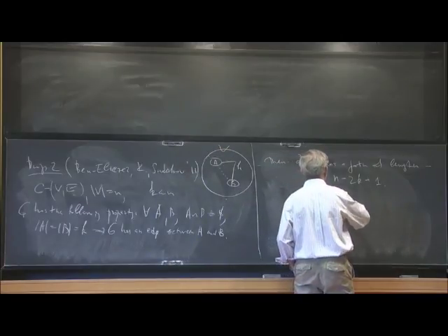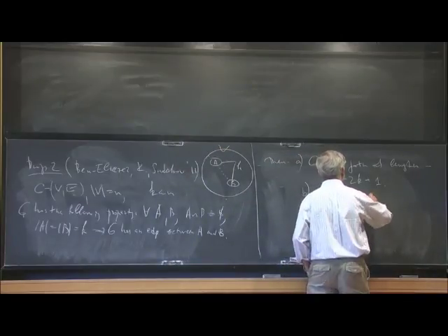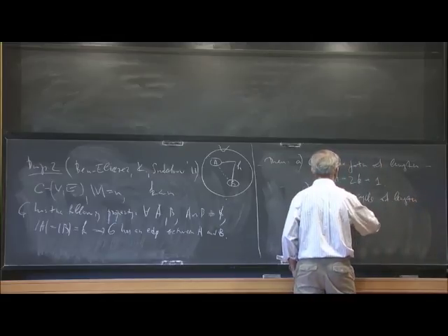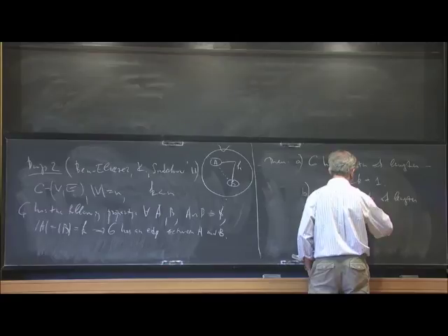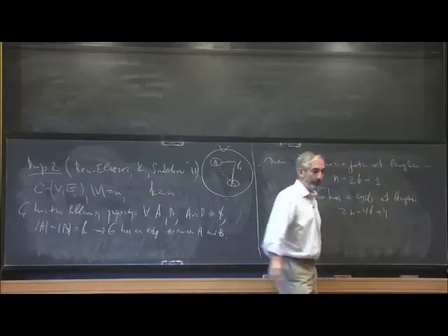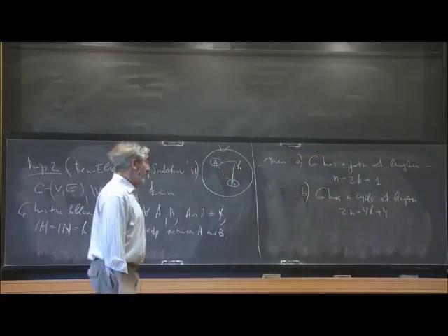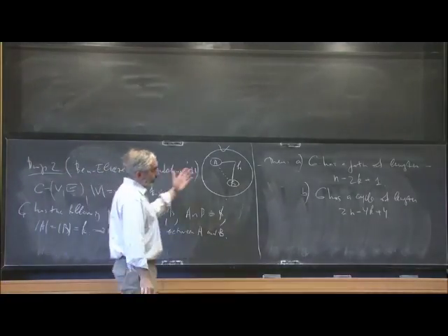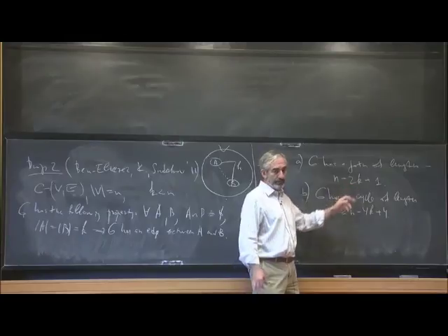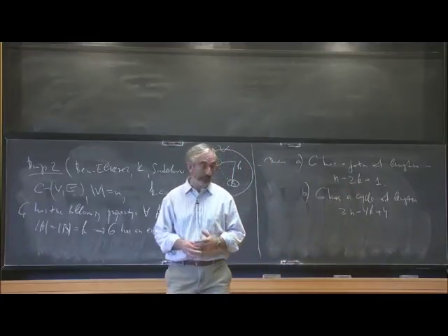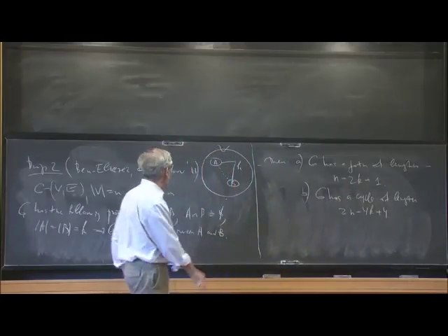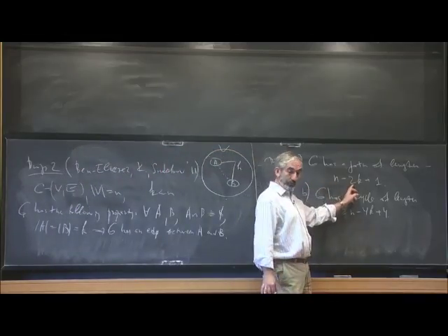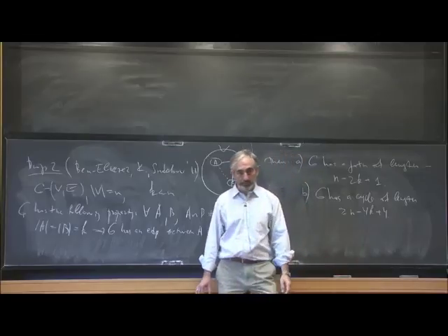G has a cycle of length at least n minus 4k plus 4. So under this kind of connectivity assumption, you can think of your k as being little o of n, and suppose you're after a nearly spanning path, and that's what this proposition delivers to you. You are able to find a path whose length is quite close to n, and a cycle whose length is quite close to n as well.